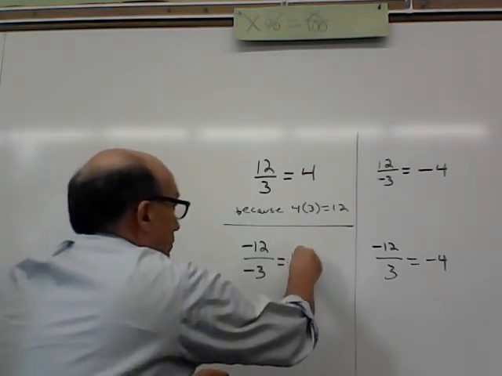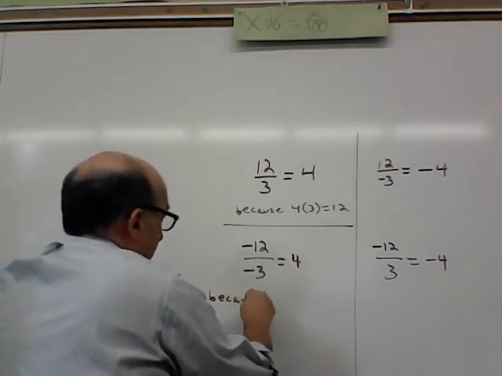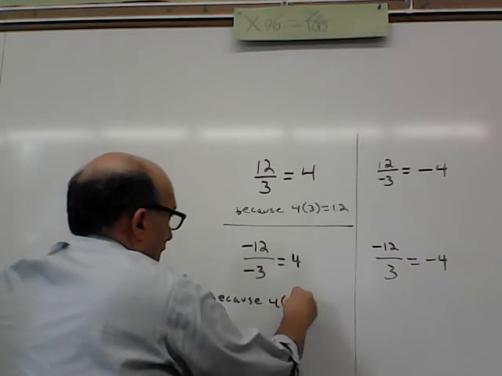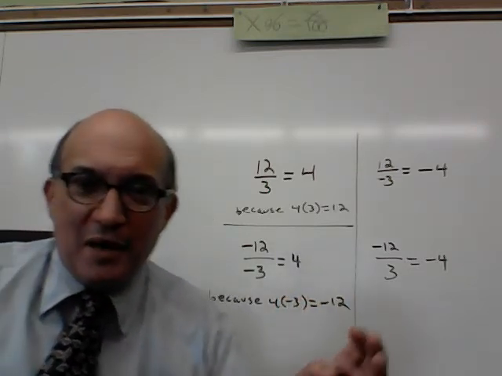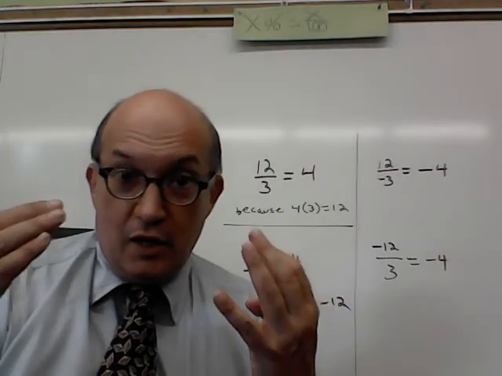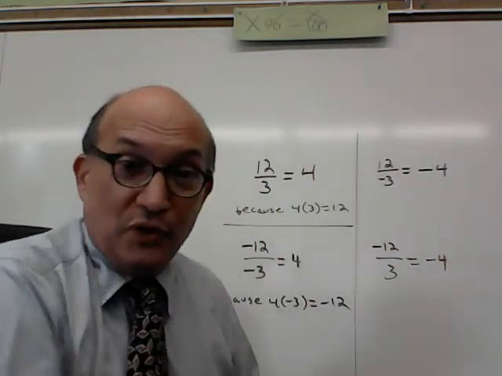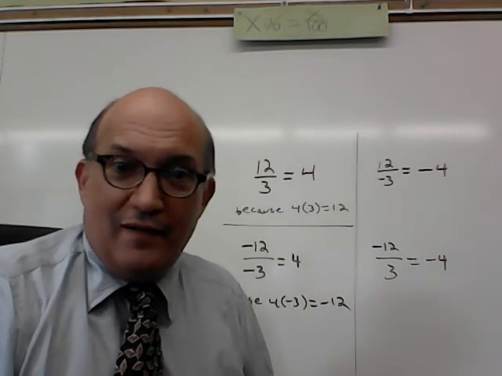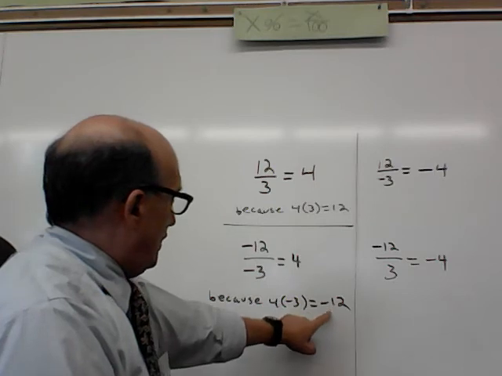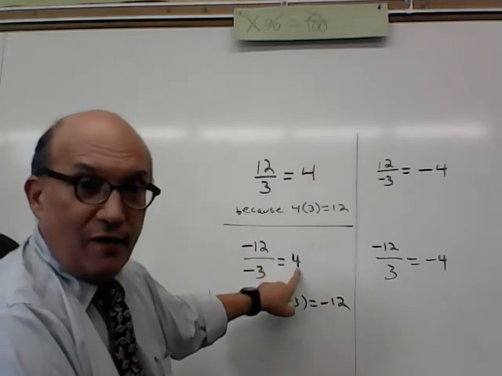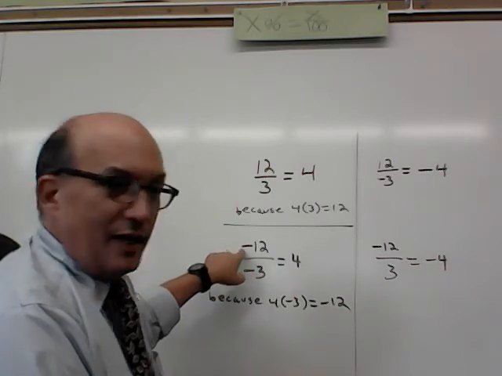So we will now write because 4 times -3 equals -12. You see what I mean by we can use the rules for multiplication to derive the rules for division. Okay? We know that 4 times -3 is -12, so the 4 works here. Right? The 4 is the number that you multiply -3 by to get -12.